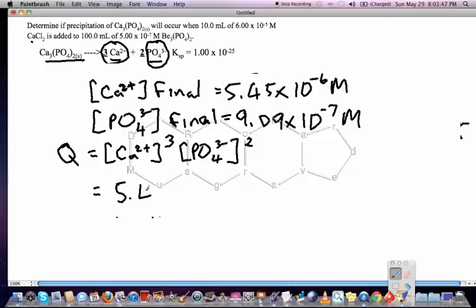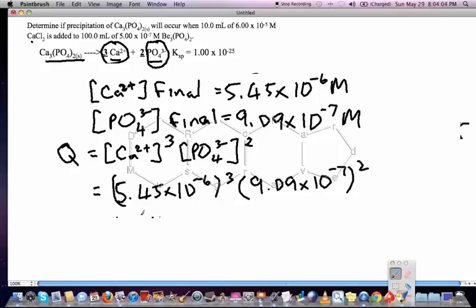I got 5.45 times 10 to the negative 6. That one's cubed. And we've got 9.09 times 10 to the negative 7. And that one's squared. And what we're going to come up with as a final answer there is 1.33 times 10 to the negative 28.